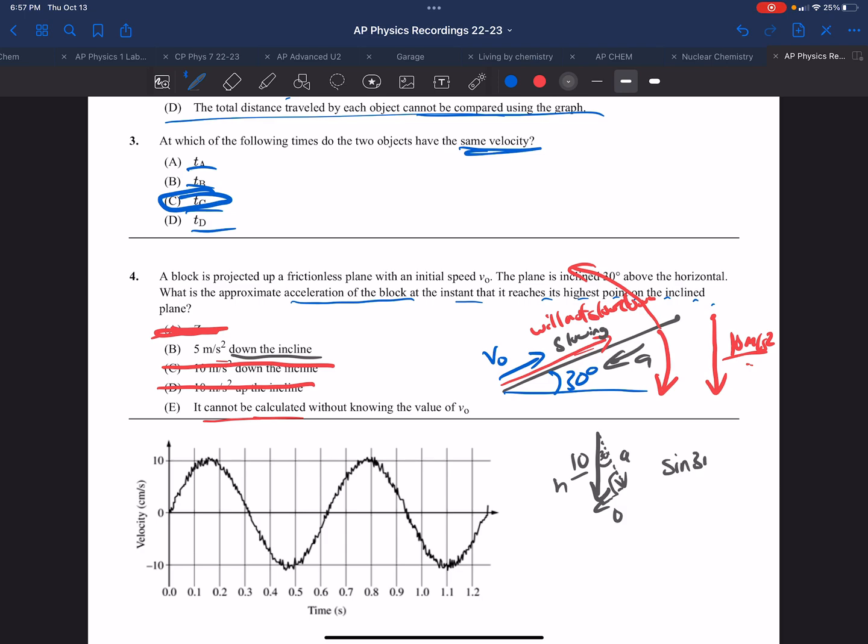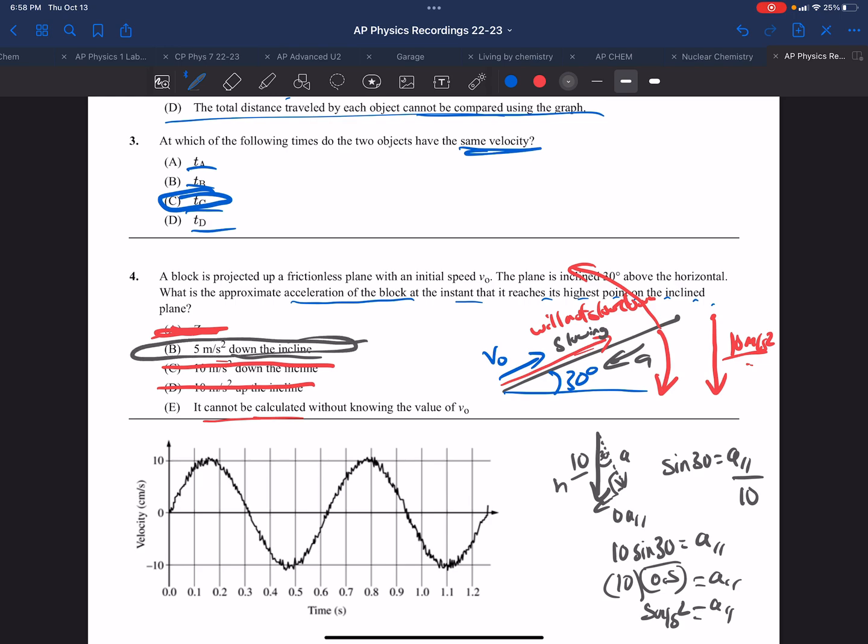So sine of 30 would equal the opposite side, which is the acceleration parallel to the plane, divided by the hypotenuse, which is 10. So 10 sine 30 is the acceleration parallel. Now, we can whip out our calculators, or we can just remember the sine of 30 is 0.5. That's a good one to know, and it comes up an awful lot. So the acceleration parallel is 5 meters per second squared. That's why it's choice B. And so, of course, it can be calculated, so that's eliminated.